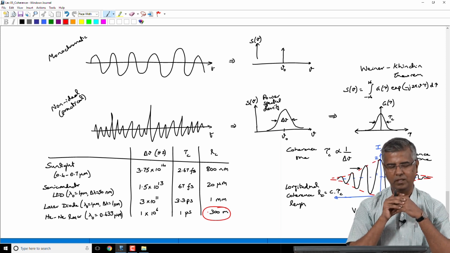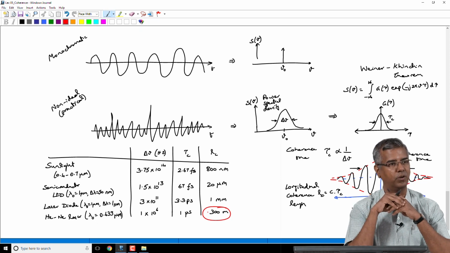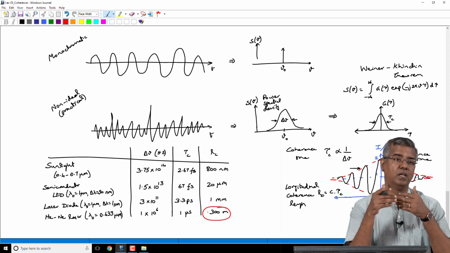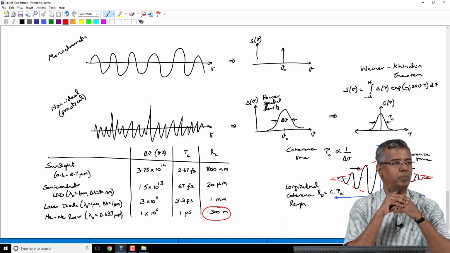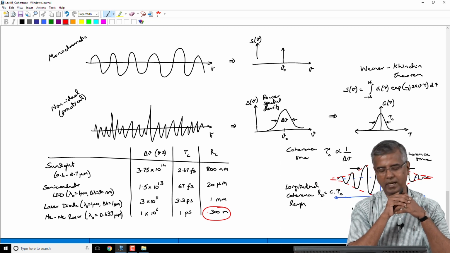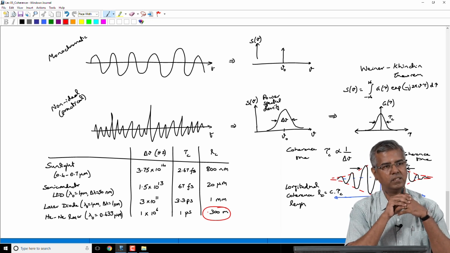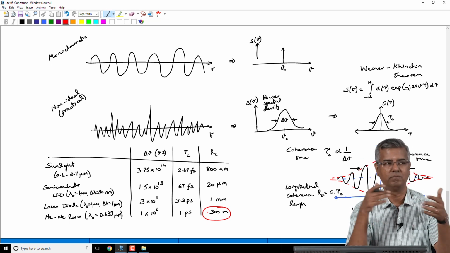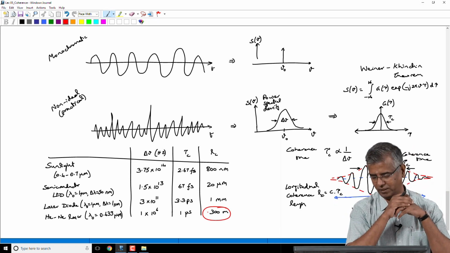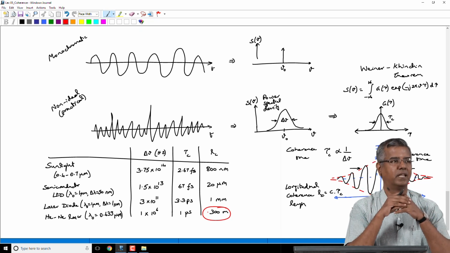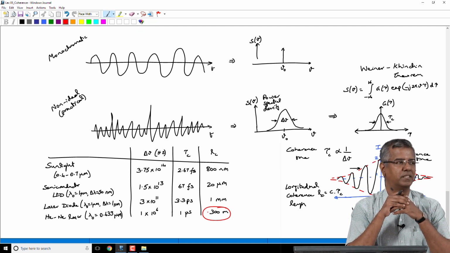So, for example, with the LED we are saying the coherence length is 20 microns, so that means both the paths have to be matched to 20 micron accuracy so that you can have interference, and that is very, very hard to do, whereas if you are trying to build an interferometer with a 300 meter coherence length, you could roughly put the two mirrors at some certain distance, and chances are that you will get good interference, right.